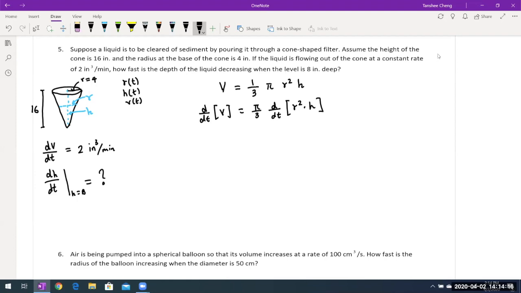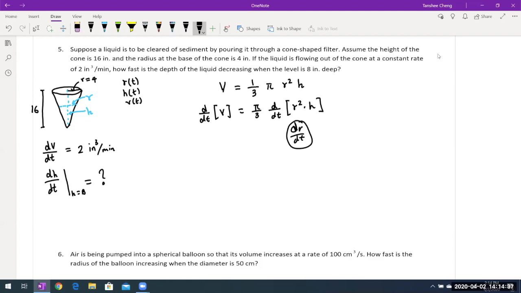So what's going to happen is when I take the derivative right here, I will have dr/dt, which I don't have that information at all in the given. So therefore, just taking the derivative right away like this is not a good idea. Okay?